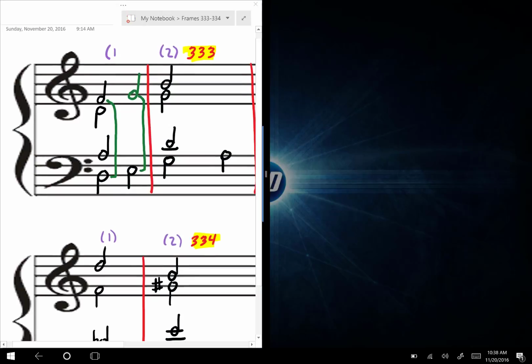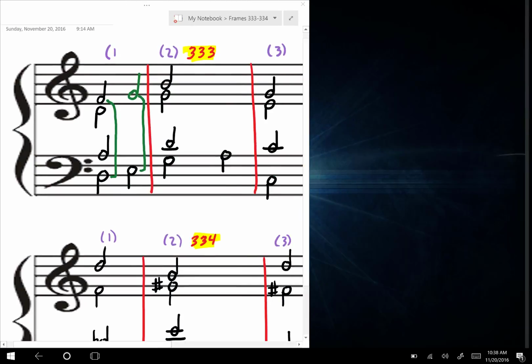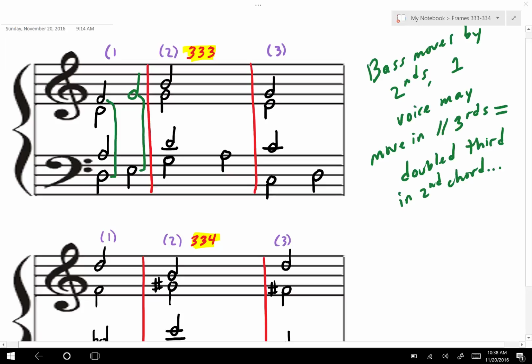Then we have to figure out what it is that we are missing. Remember, we need to double the third in the second chord when we do this. So we have the E is the root, the G is the third. Another voice will need to sing the G. Tenors can go from an A to a G very easily, and the chord tone that's missing would be the B that the altos could supply.